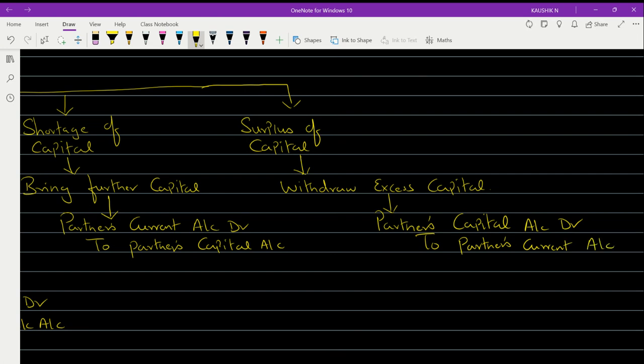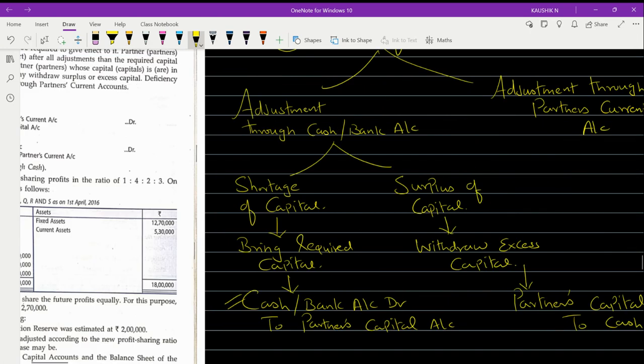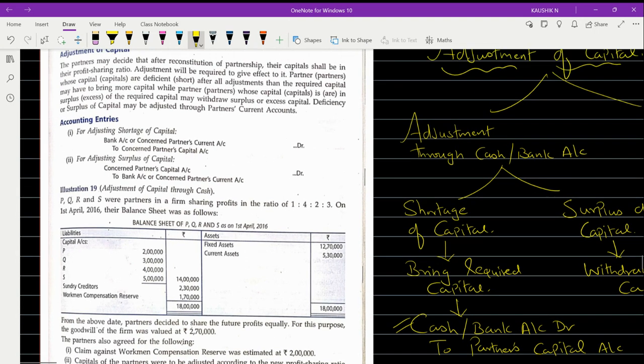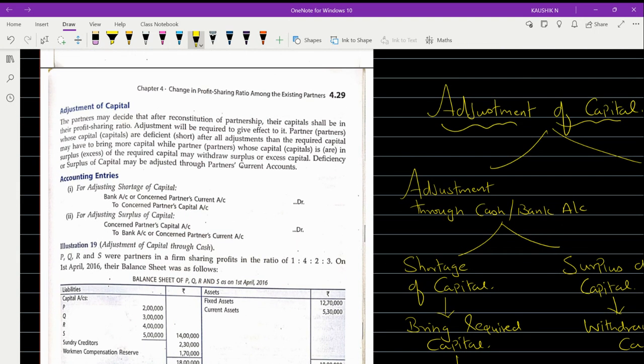Any doubt after this, let me know. This is what I just made you understand as a journal entry. For adjusting the shortage of capital and the surplus of capital, cash or bank account is debited to the concerned partner's capital account.